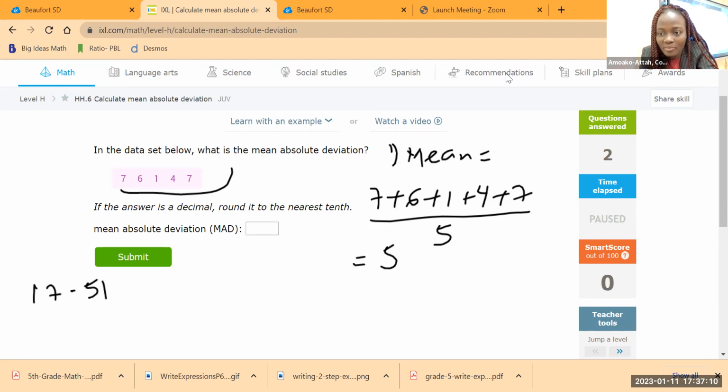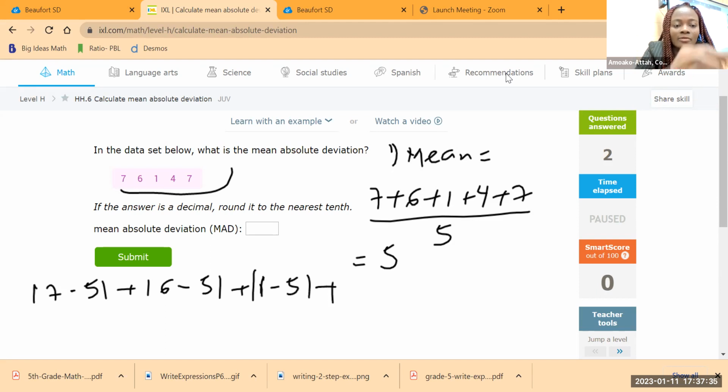You subtract the mean from each observation. So this becomes the absolute value of 7 minus 5, plus the absolute value of 6 minus 5, plus 1 minus 5, plus 4 minus 5, plus 7 minus 5.